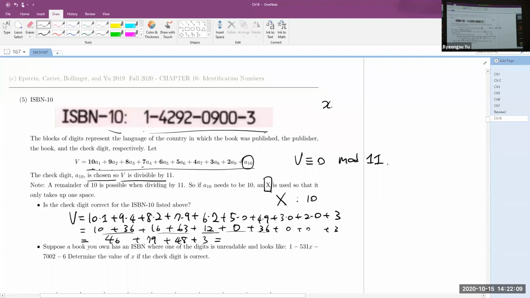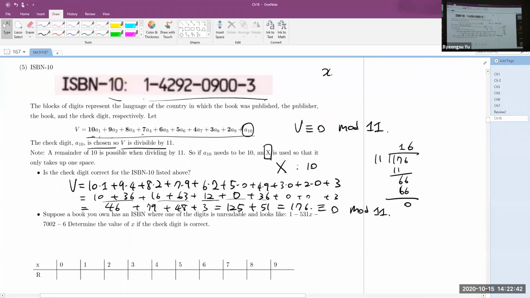Adding these, 125 plus 51 is 176. If you divide 176 by 11, it is a multiple of 11, so it is 0 mod 11. So yes, it is a valid ISBN code.